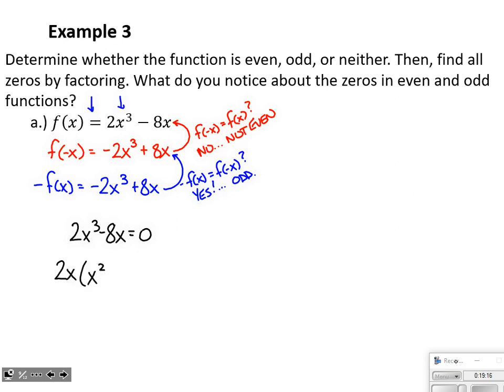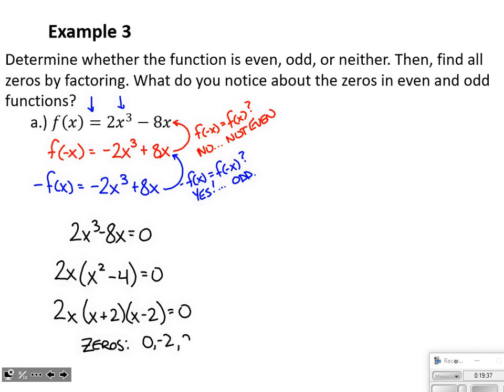What's left behind is a difference of perfect squares. So that x squared minus 4 factors out to x plus 2, x minus 2. And I find that the zeros are x equals 0, negative 2, and positive 2. And we're going to save that what-do-you-notice until after we've done all 3 of these problems.